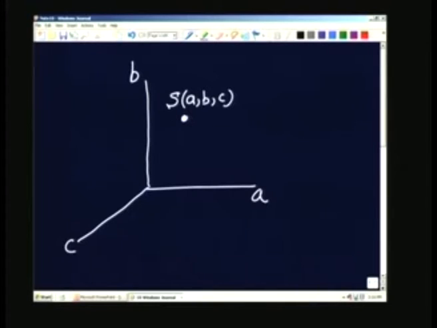Now, the gradient is giving me the slope of the variation of S with respect to the 3 values A, B and C. So, it will be a line passing through these 2 points. This is tangential to the surface which is characterized by S of A, B, C. Let me write it slightly bigger.